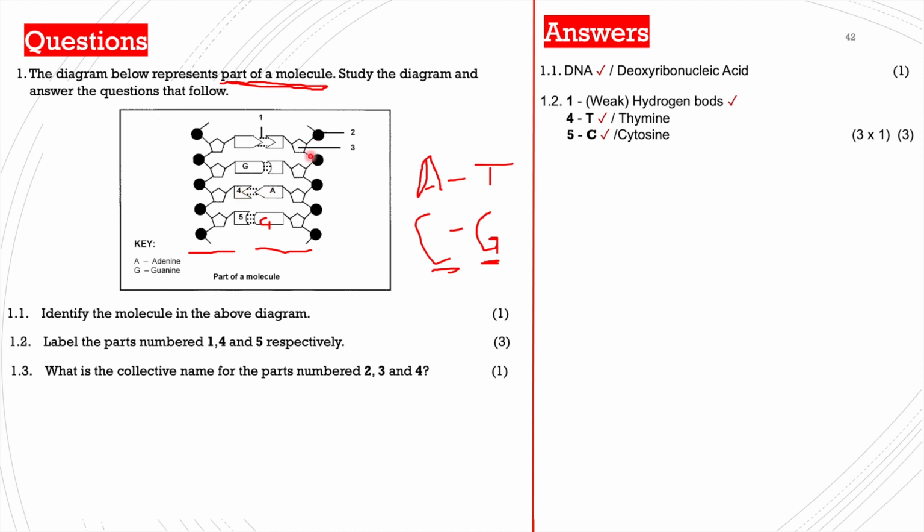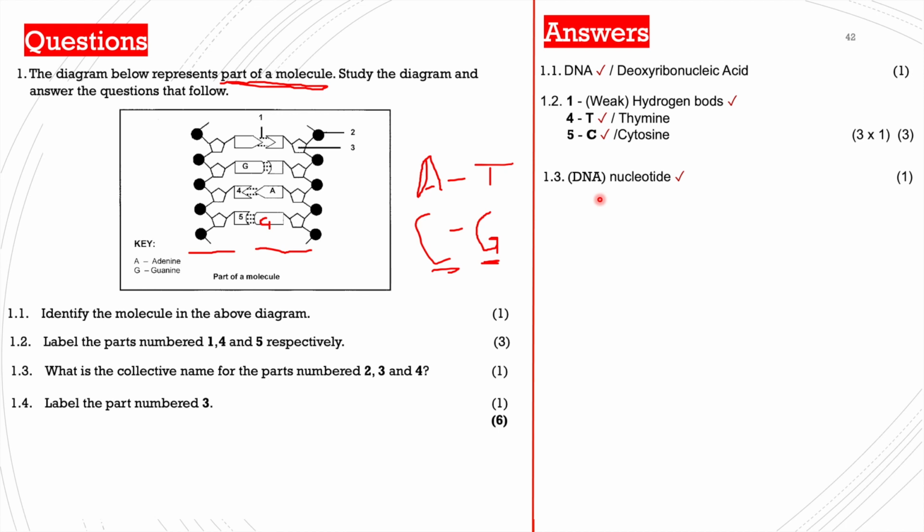So a phosphate group, a sugar portion, and nitrogenous base forms what? It collectively forms a nucleotide. So I've said DNA nucleotide. So even if you just wrote nucleotide, the word DNA is in brackets. It's not compulsory for it to be part of your answer. So if you wrote nucleotide, that is correct.